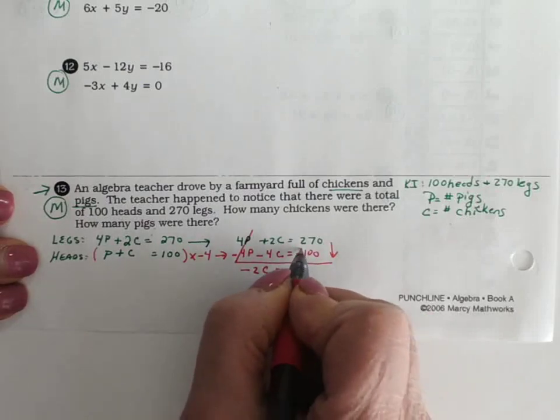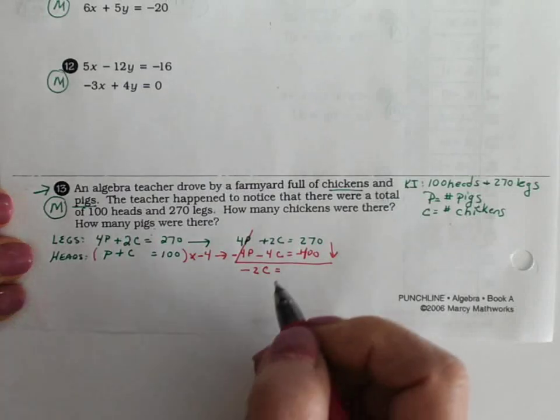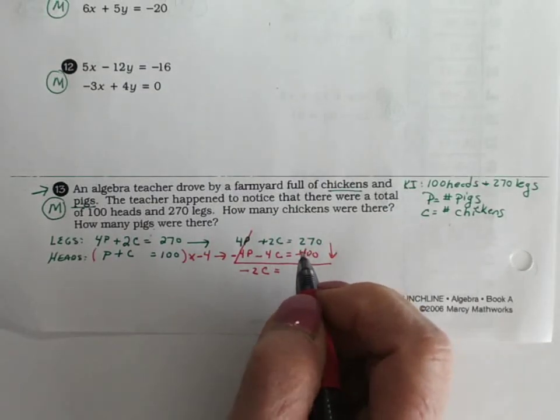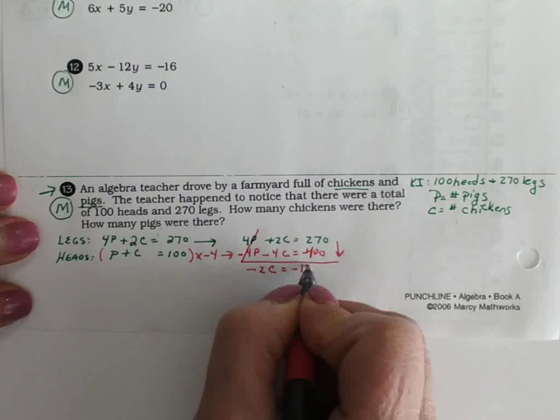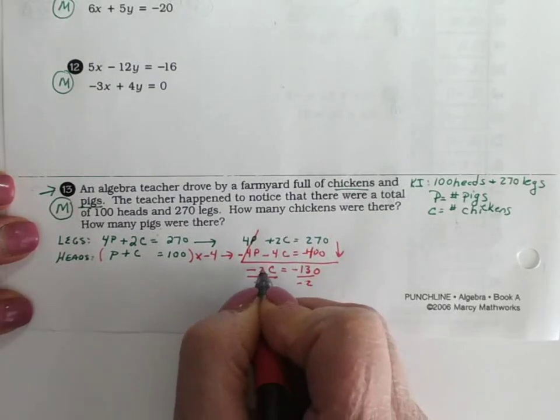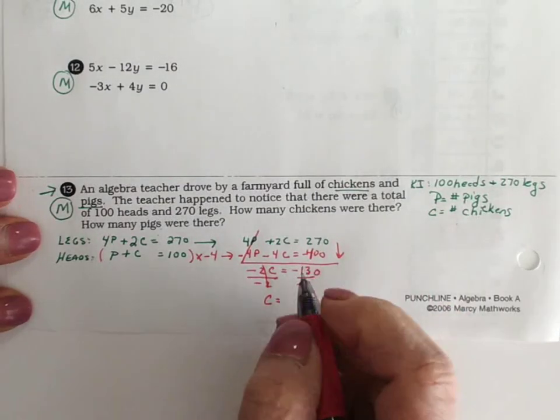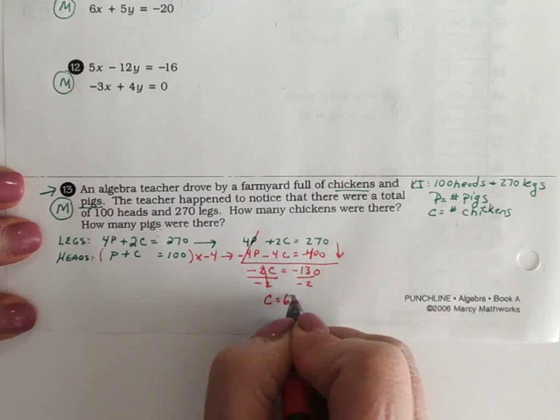Oh, this is 400, excuse me. So that is going to give me negative 130 divided by negative 2. And c is equal to 65.